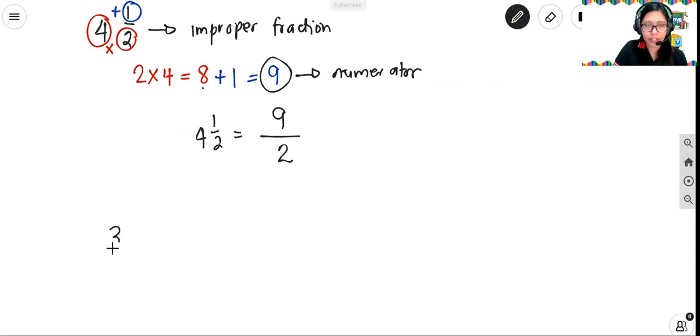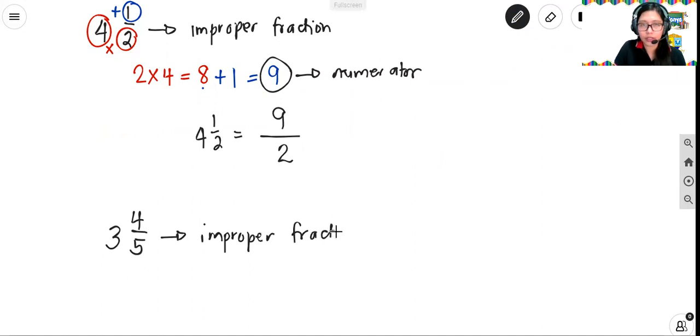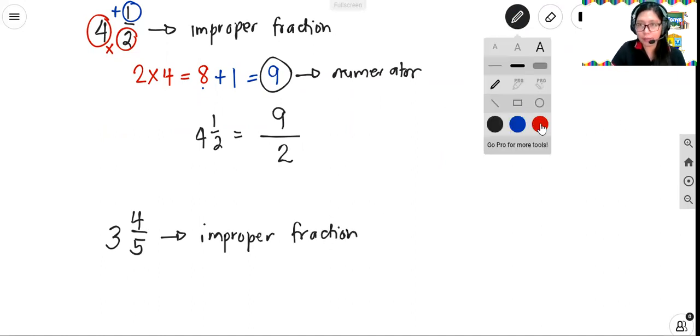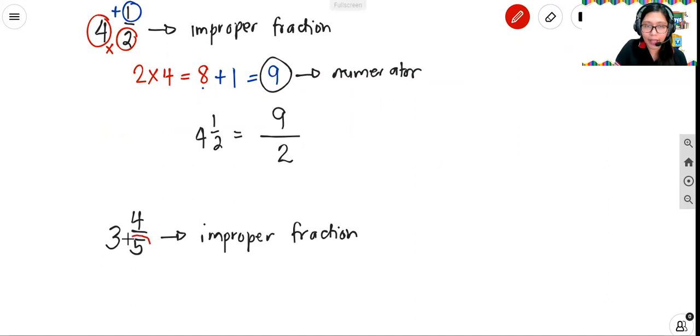So let's have another example. Let's try 3 and 4 over 5. So this is a mixed number. We will change it to improper fraction. Again, the first step is to multiply the denominator and the whole number. So we will have 5 times 3, which is equal to 15.